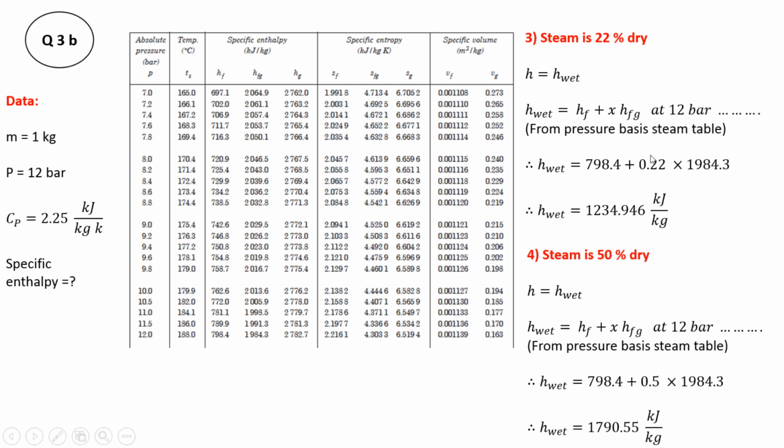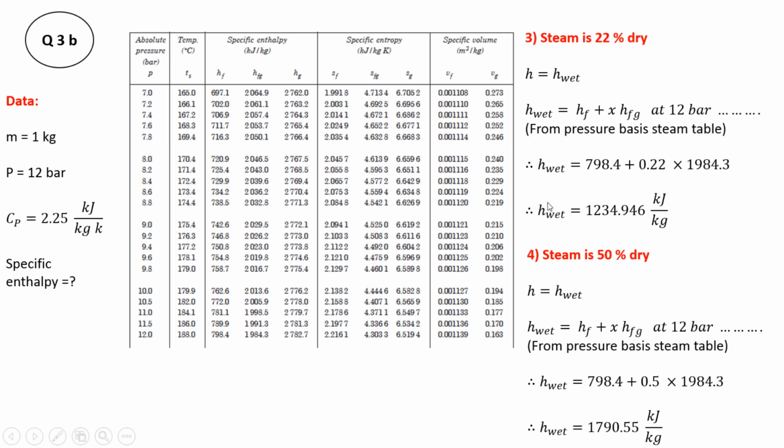The next condition is that steam is 22% dry. It indicates that it is a wet steam having dryness fraction of 0.22, and the specific enthalpy of wet steam is given by Hf plus x Hfg, where Hf is the specific enthalpy of water or sensible heat part, and Hfg is the specific enthalpy of evaporation or latent heat part, and the value of x is given as 0.22.